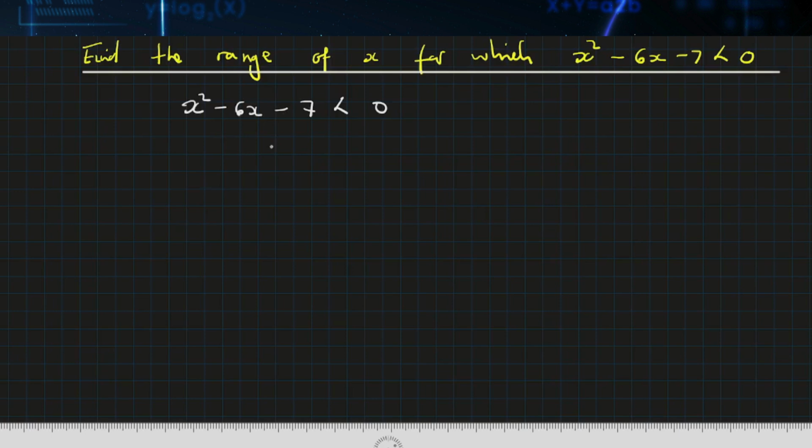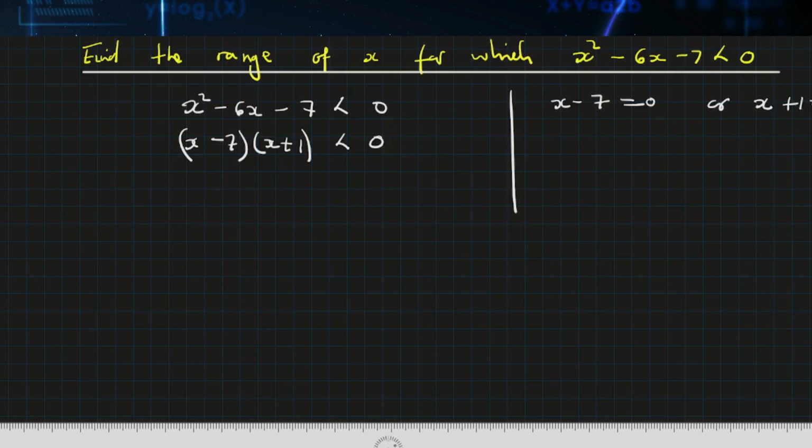Therefore, 7 and 1, which simply means if we factorize this, we're going to have (x − 7)(x + 1) less than 0. If I'm to find the roots, either x − 7 = 0 or x + 1 = 0. So x is either positive 7 or negative 1.